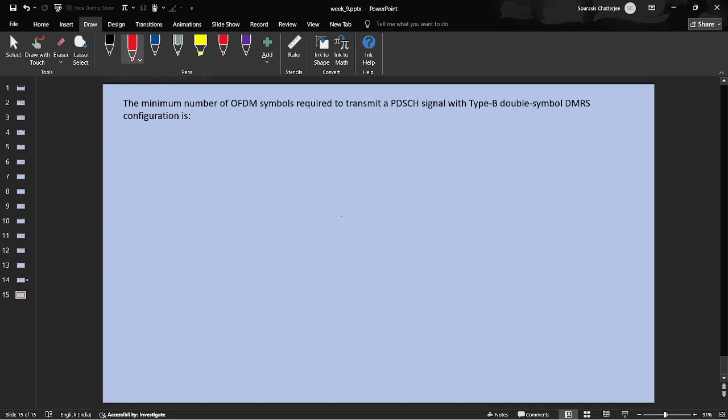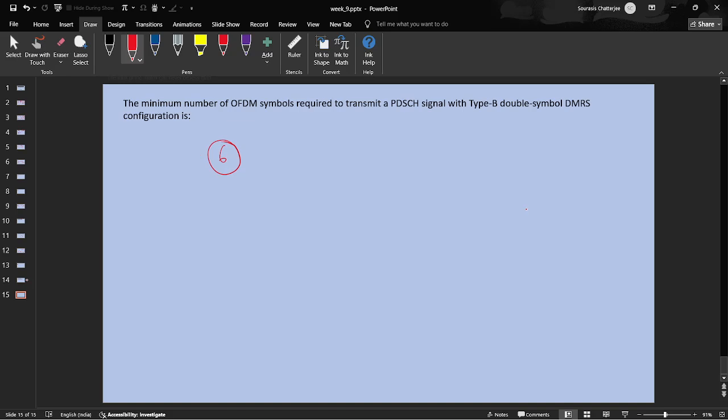If I remember correctly, only two configurations are possible, 6 and 7, and of course then the minimum number of OFDM symbols is 6.